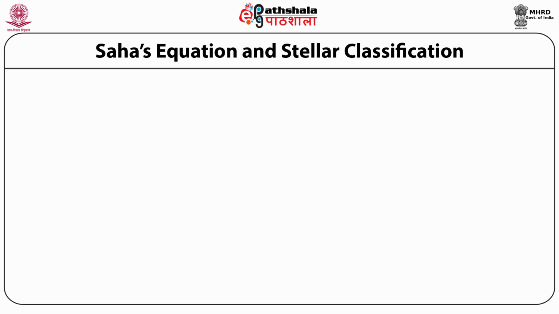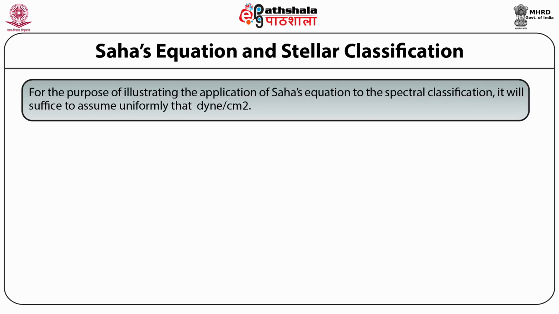Saha's equation and stellar classification. For the purpose of illustrating the application of Saha's equation to the spectral classification, it will suffice to assume uniformly a pressure of the order of some dynes per centimeter square.